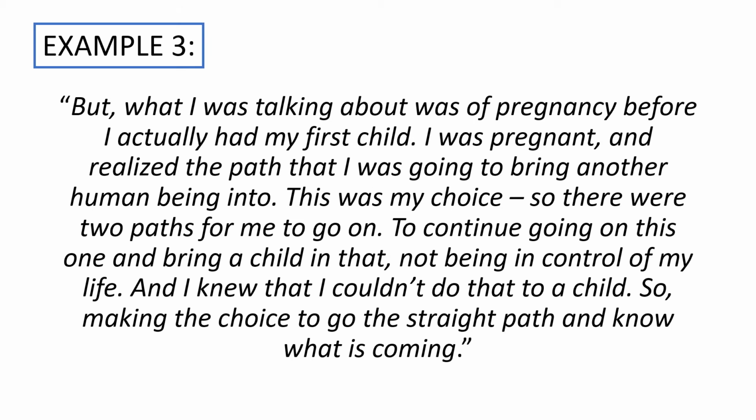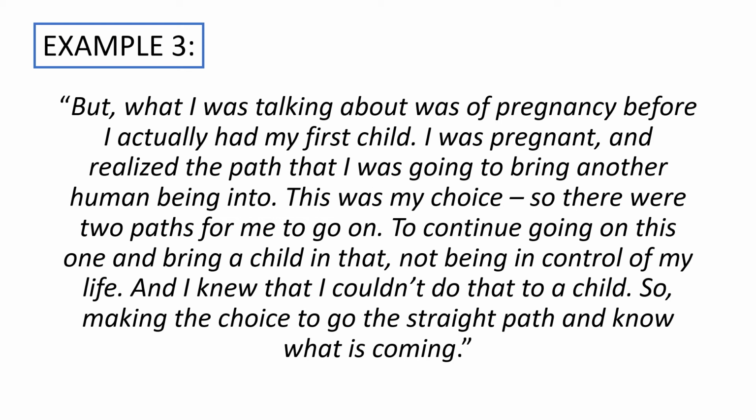And what better way for me to explain these images than to provide some of the actual quotes from the research article itself, explained by the young women themselves. This quote says, "What I was talking about was pregnancy, before I actually had my first child. I was pregnant and realized the path I was going to bring another human being into.